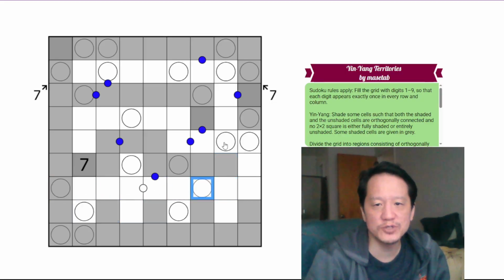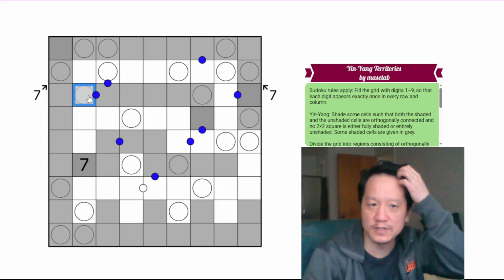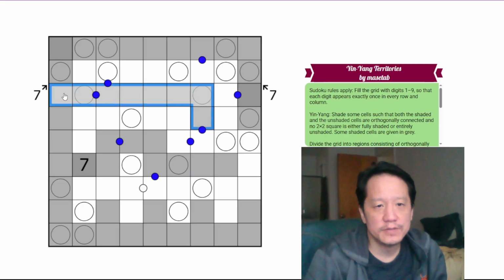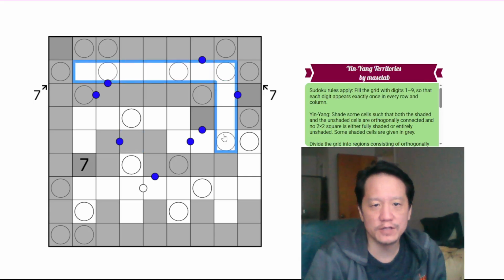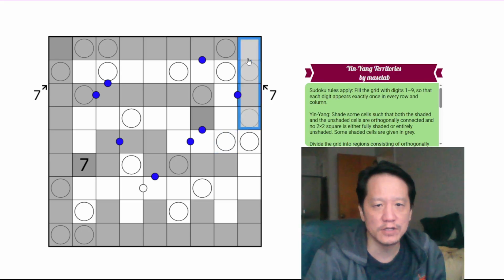Okay, some shaded cells are already given in gray. So that means those are shaded cells. So that's why I had to make this sort of shape. And to get to this shade, what does it mean that all the shaded cells and all the unshaded cells are orthogonally connected?